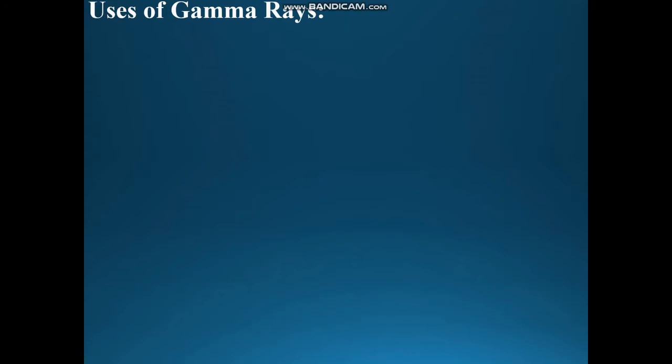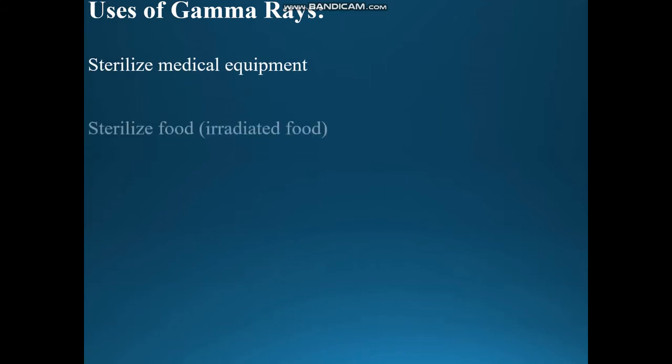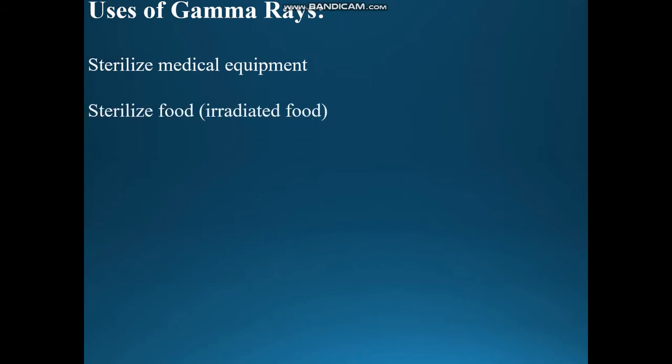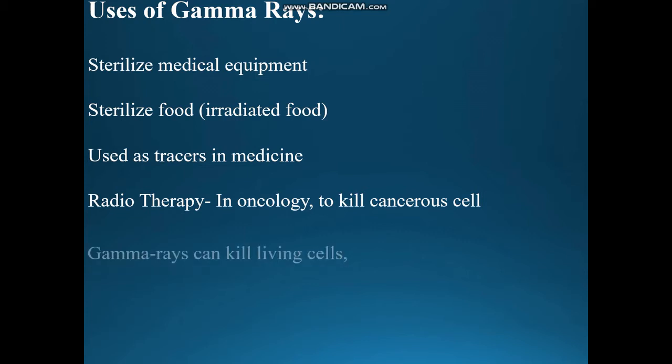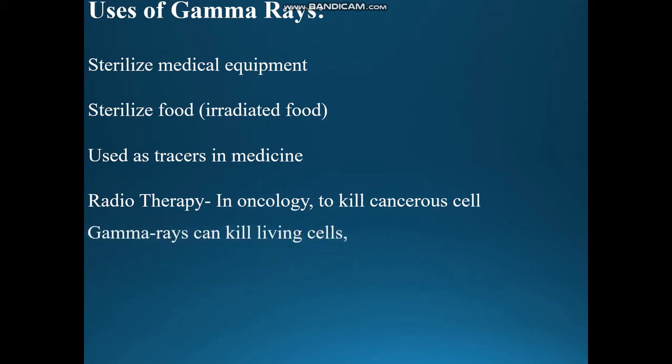Now, uses of gamma rays. We already have studied that gamma rays have high energy, so they can penetrate the human body. Accordingly, they have been put to certain uses. They can sterilize medical equipment, sterilize and irradiate food, and be used as tracers in medicine, and in radiotherapy and oncology to kill cancerous cells.